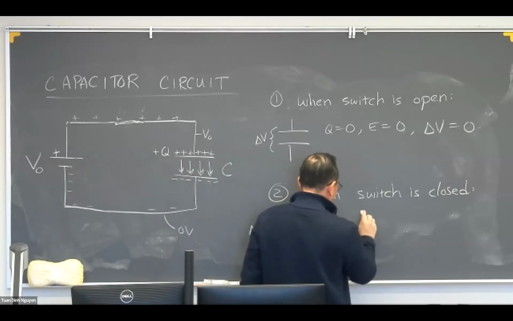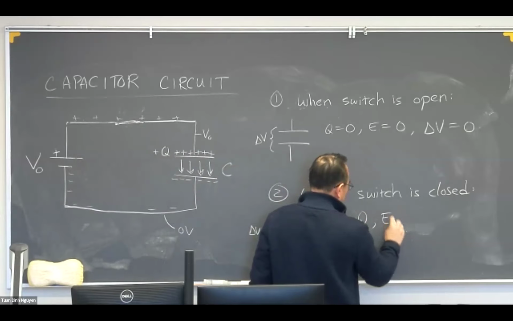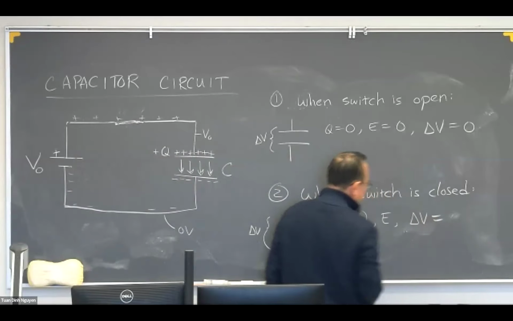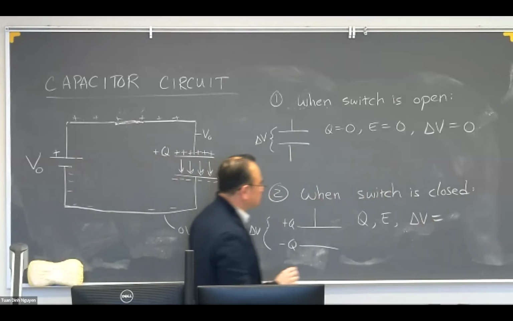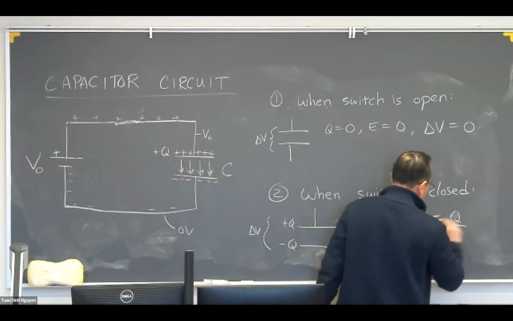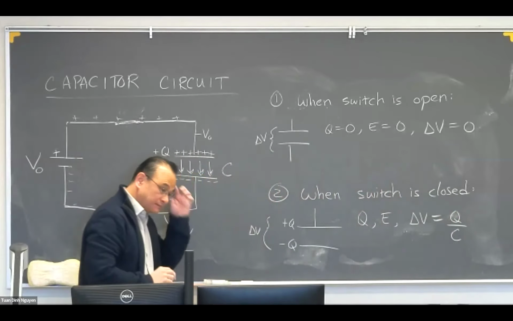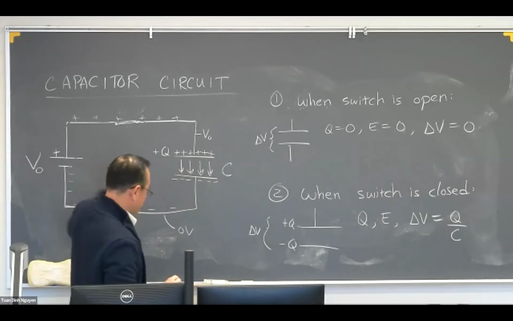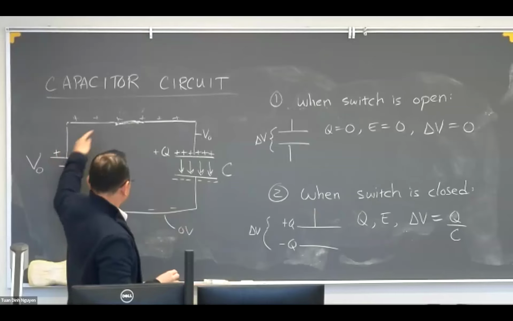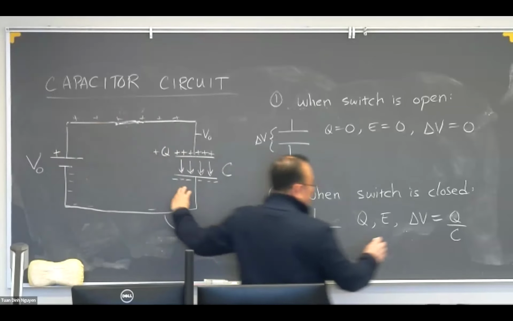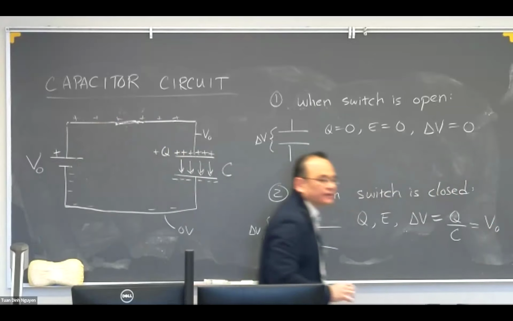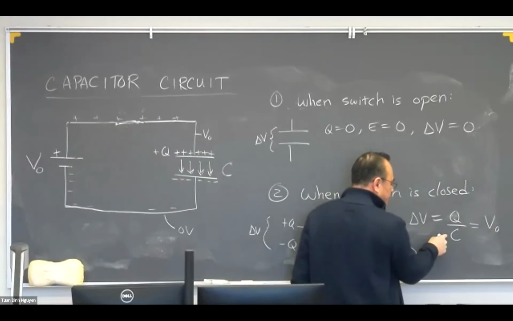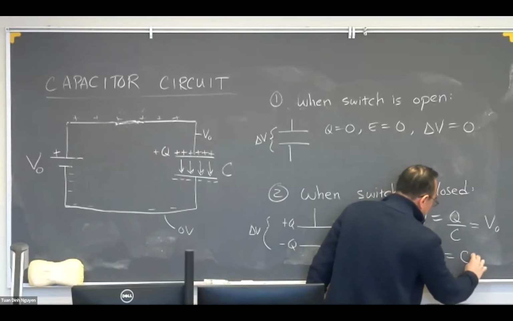We have a charge Q, and delta V is equal to Q over C. In this picture, if this is V naught and this is 0, delta V is just equal to V0. So you can actually find Q. Since we know the battery and we know the capacitance, Q is going to be C V naught.